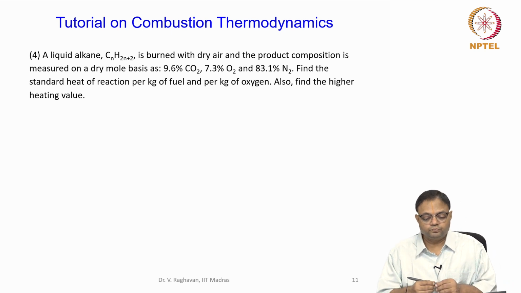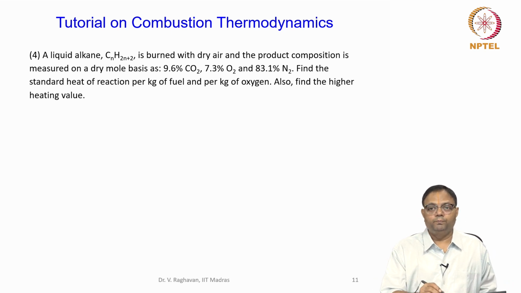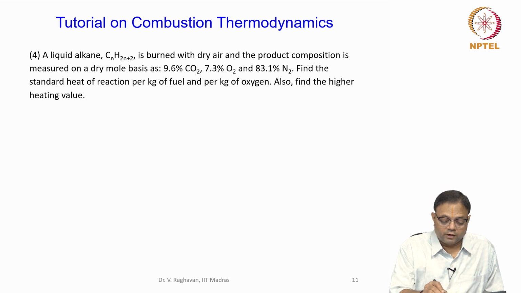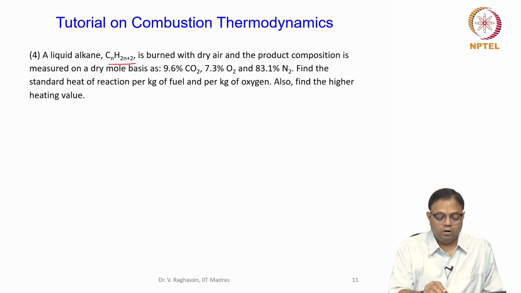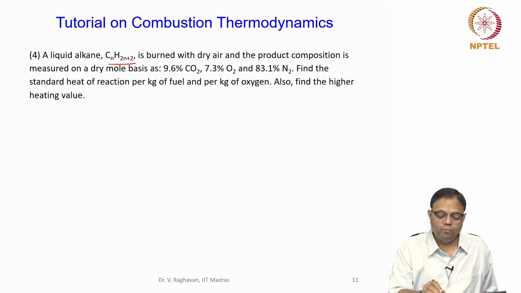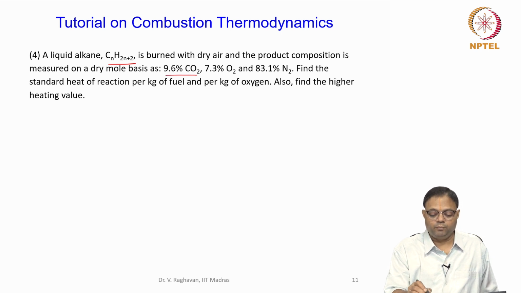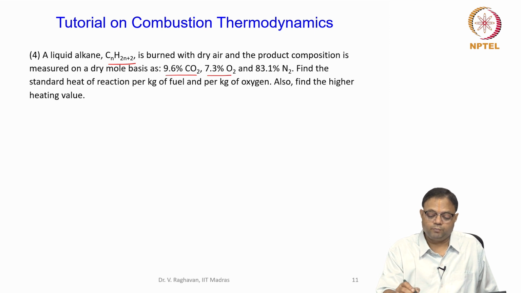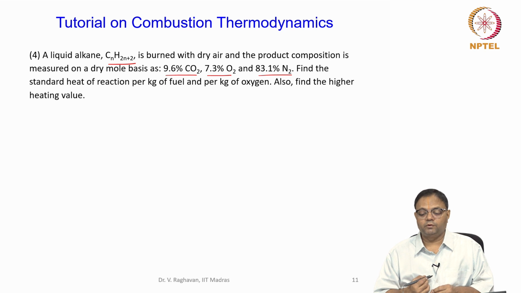Okay, now the fourth problem. A liquid normal alkane, CnH2n+2, is burned with dry air and the product composition on a dry mole basis is given here: 9.6% CO2, 7.3% O2 and 83.1% N2.